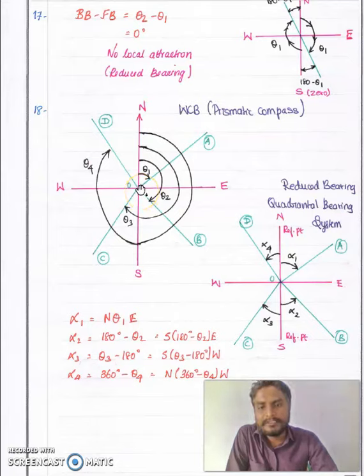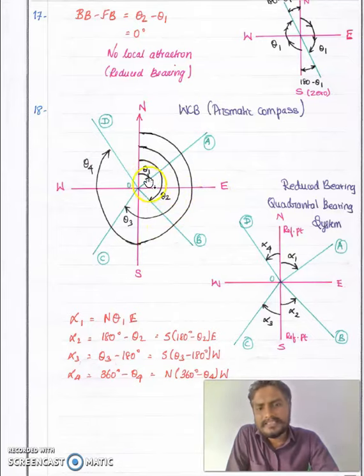With respect to true north, that is the true meridian, theta 1 is the true bearing between the true meridian and survey line A. Definitely this value ranges greater than 0 degree and lesser than 90 degree.